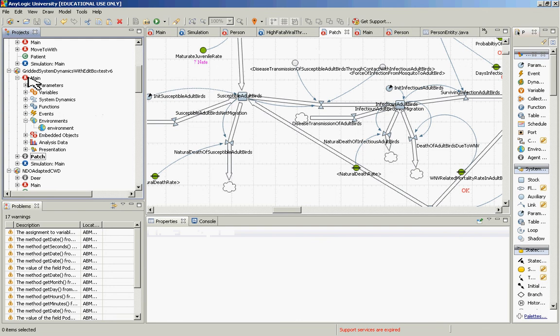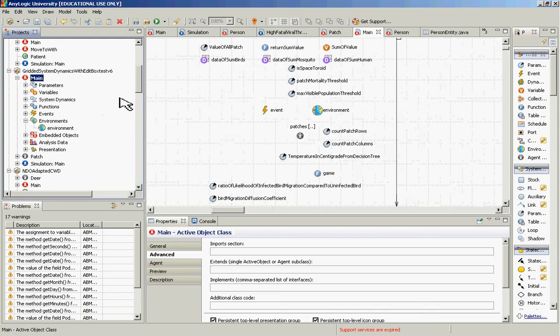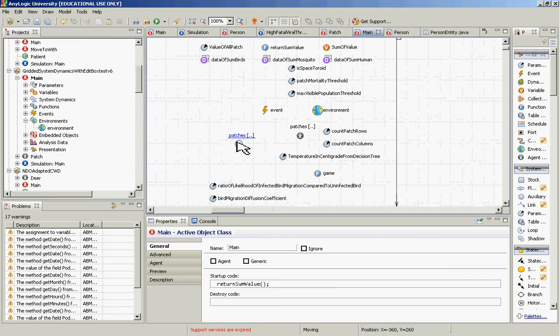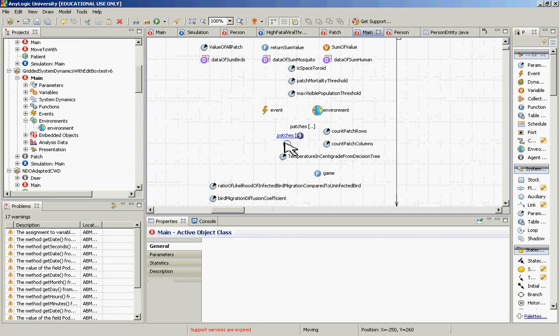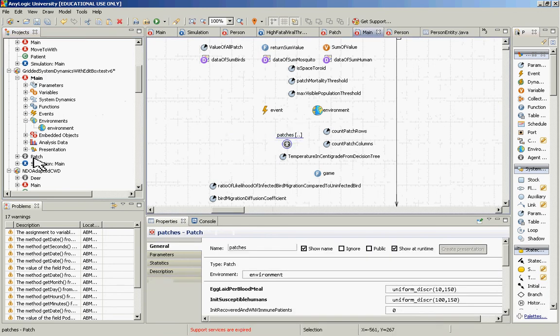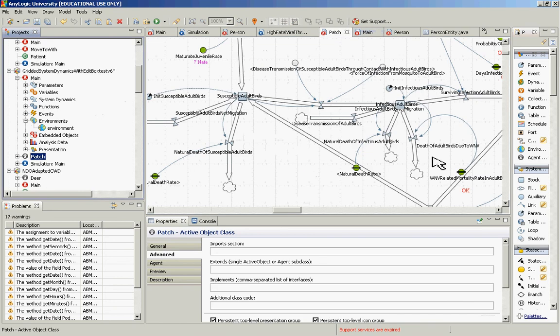So what we did is we created a hybrid model which involved a population of patches. Each patch is represented as an agent, and each agent includes the stocks and flows associated with the mosquitoes and the birds and the people who live in that area.